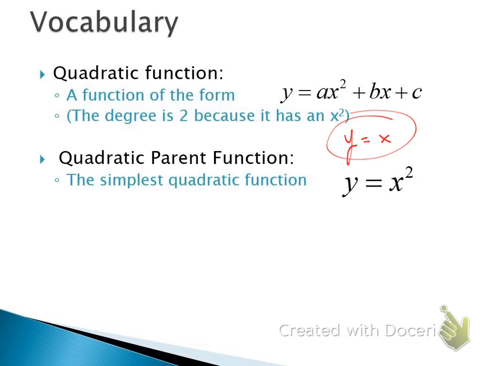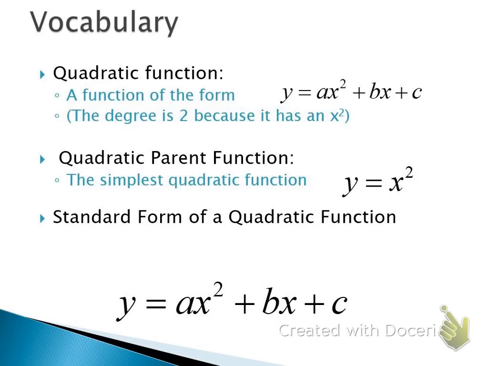It's the simplest, most basic linear function there is. Same thing for quadratics. The most basic quadratic function is y equals x squared. So that is your parent function. And we want to become very comfortable and familiar with the parent function because we're going to use it to help us graph any function off of it.